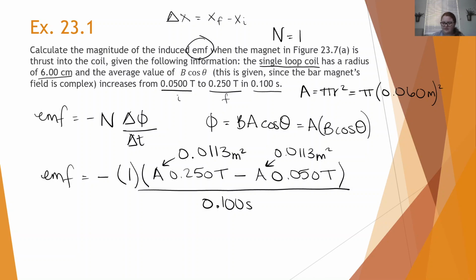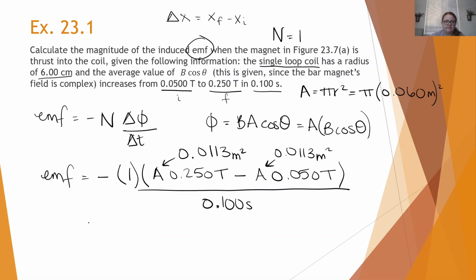So we have that value times 0.25, minus that same answer times 0.05, divided by our time, which is 0.1, times negative 1.